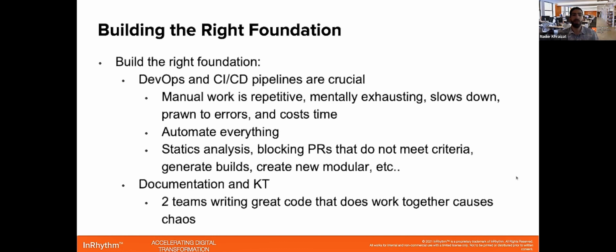Documentation and knowledge transfer. This is also really important. If we are building a scalable application and have so many different teams, right, one of the core things that we need to focus on is consistency, making sure that all the teams remain focused and following the same standards. Because in some cases, we have two teams writing amazing code, right?